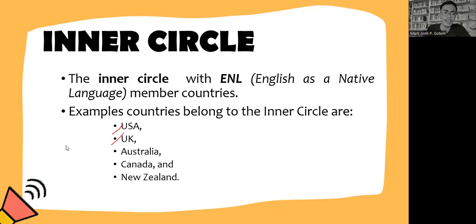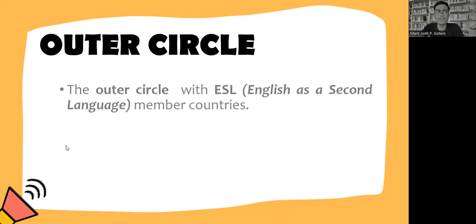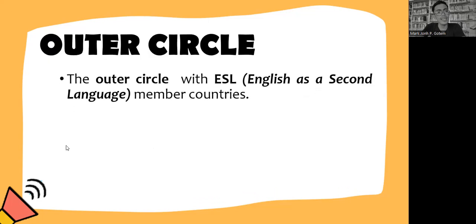USA, UK, Australia, Canada, and New Zealand. Next circle, we have the outer circle. The outer circle is ESL, which stands for English as a second language member countries.